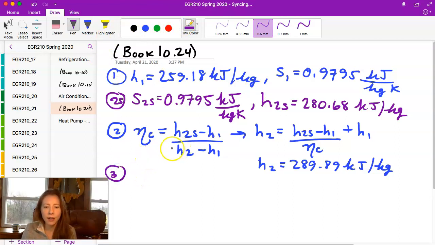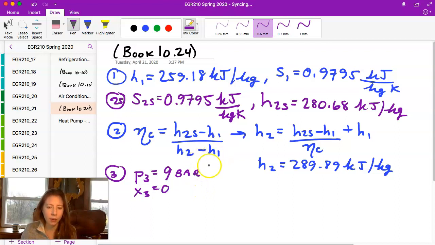Okay, so now let's move on to state 3. For state 3, we know the pressure is at 9 bar. The quality is 0.